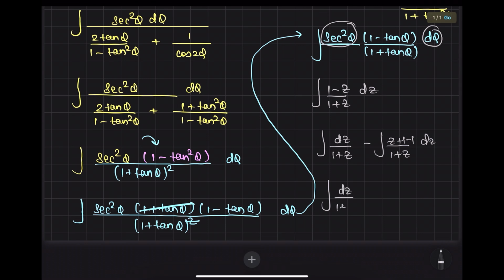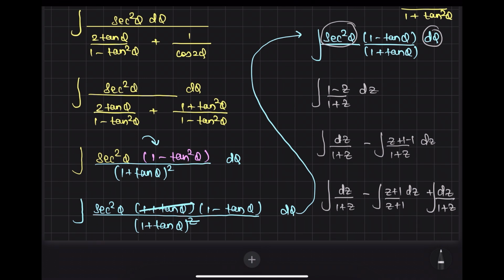So dz by 1 plus z minus z plus 1 by z plus 1 dz, and then minus of minus will become plus dz by 1 plus z. Correct? So can I say that the first component and the last component are the same? So it is 2 times.